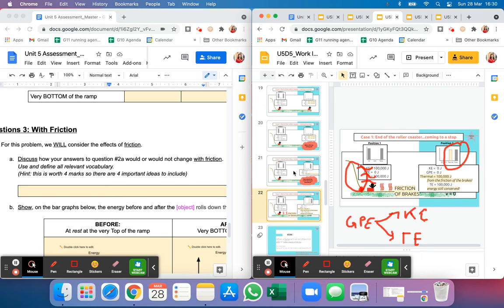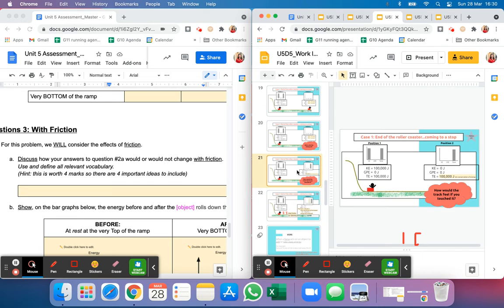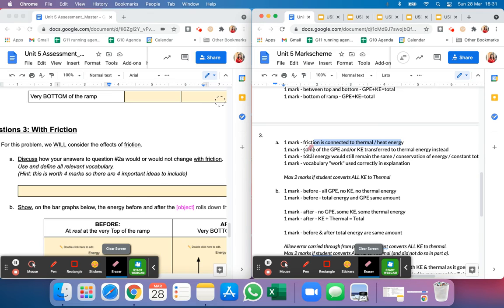We talked about how it would get hot, how you would feel it if you touched the chalk. We wanted you to recognize that friction is connected to thermal energy. We wanted you to recognize that gravitational potential and/or kinetic is transferred to thermal energy instead. So that's a big difference between considering friction and not.